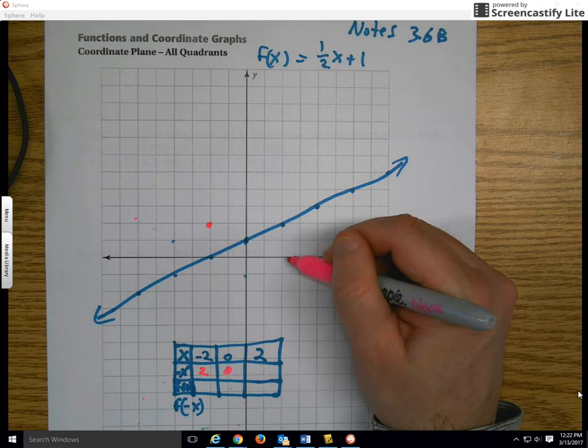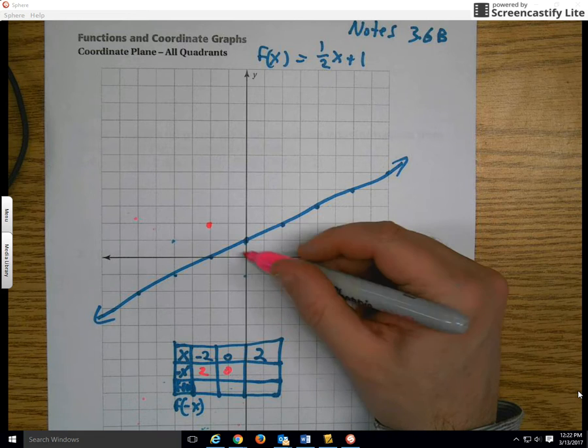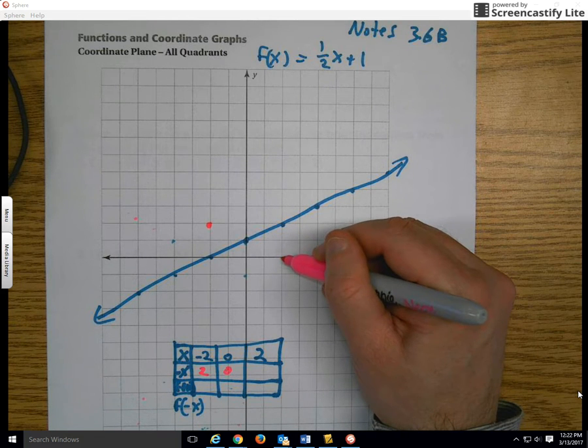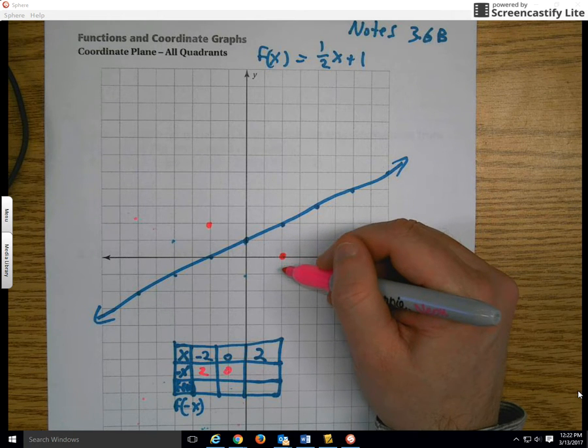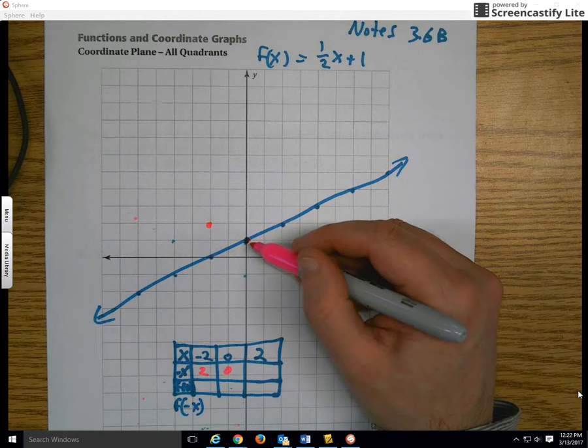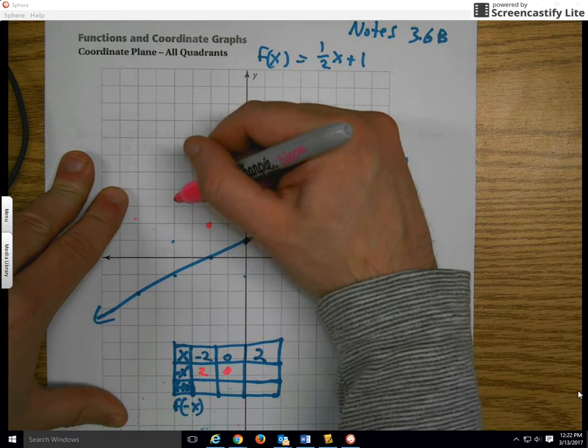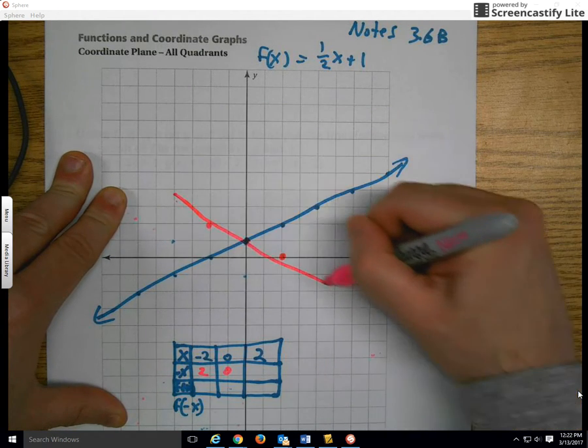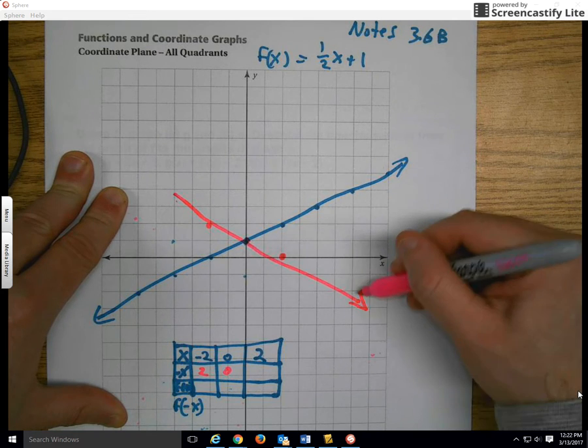Sorry, if x were a negative 2, so what we find here is a reflection this way along the y-axis. Whoops, I missed the dot a little bit.